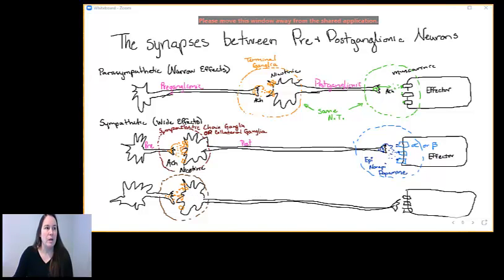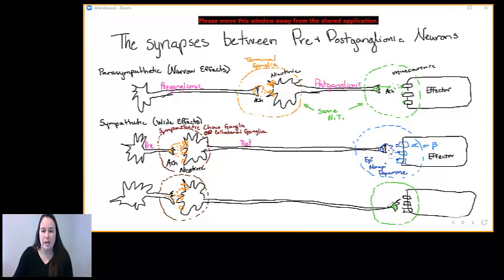And then we're going to consider, dun, dun, dun, dun, what's happening over here in the synapse between the postganglionic neuron and the effector. So in this area, mind-boggling material, I tell you, acetylcholine is released into the cleft and binds to muscarinic receptors.